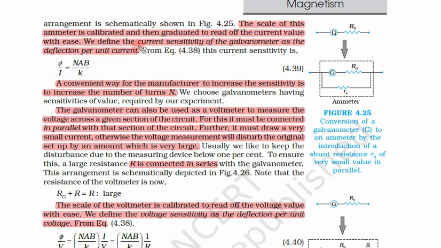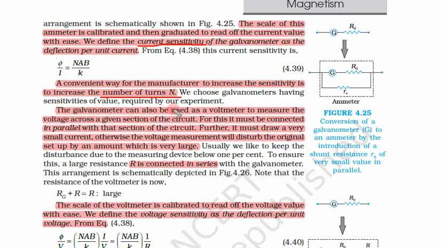So current sensitivity is increased by increasing the number of turns. A convenient way for a manufacturer to increase the sensitivity is to increase the number of turns n, because for all other things either we need to change the material or we need a bigger galvanometer.